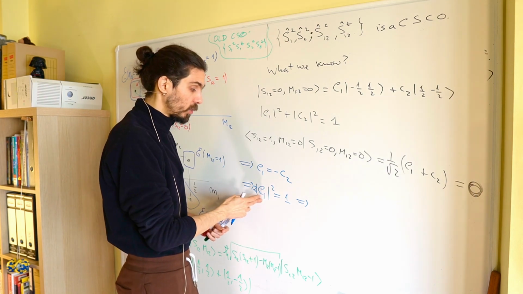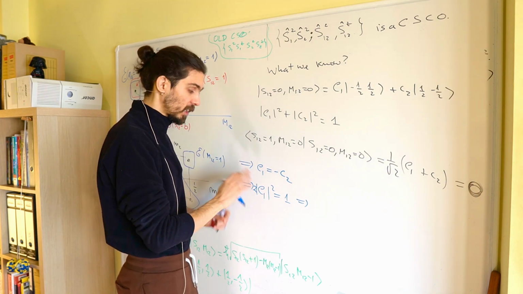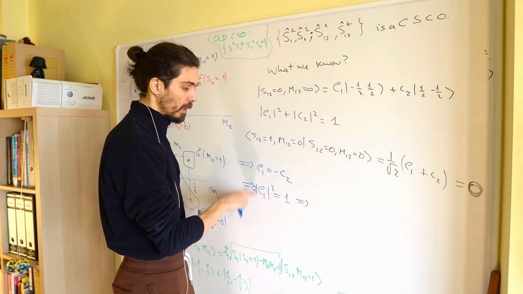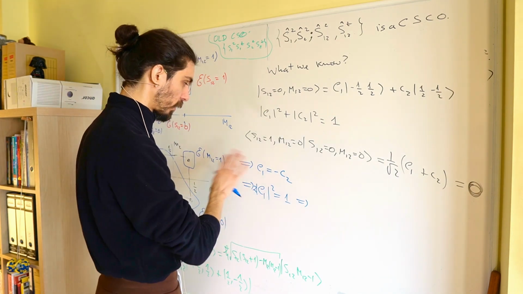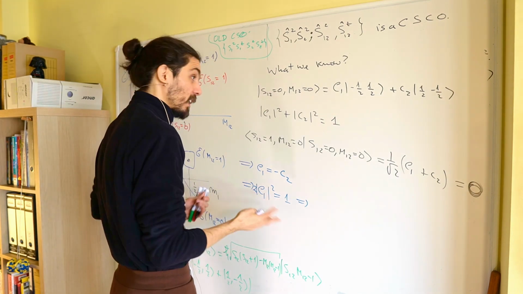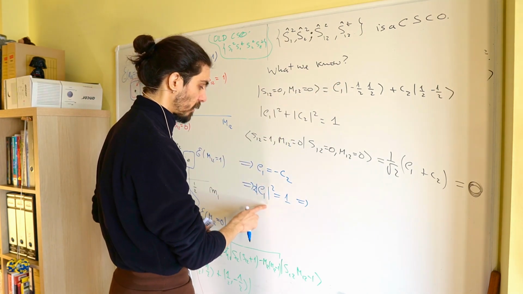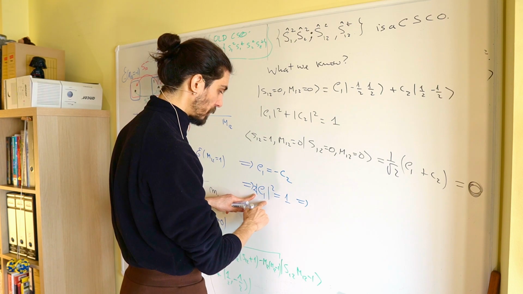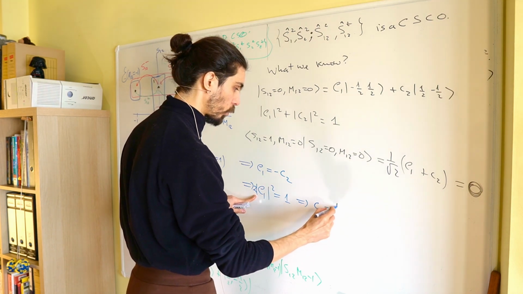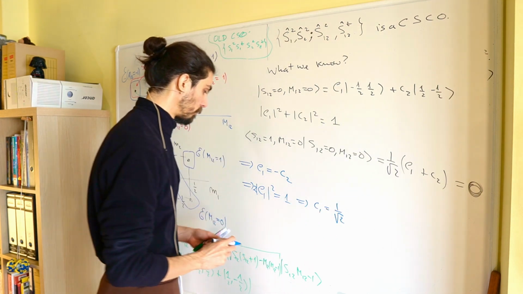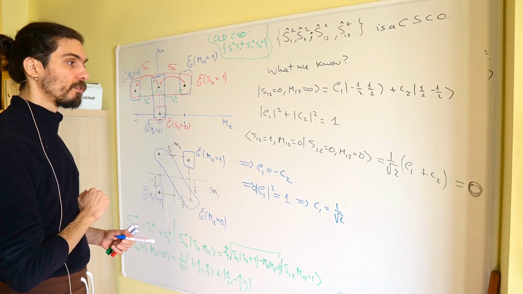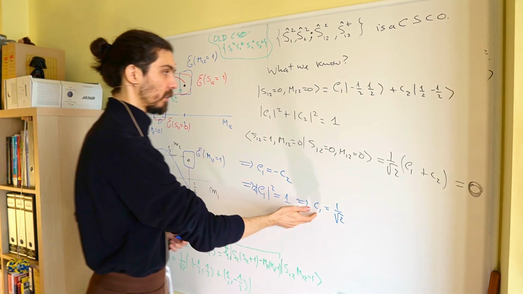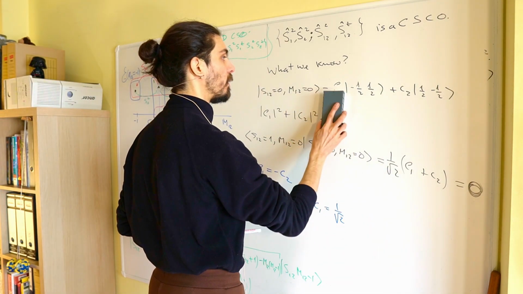So I'm going to choose this as being just a real number. Okay? I'm not going to include the imaginary part, because I just want a solution for it. That's it. Well, let me write it. So you get C1 is equal to 1 over square root of 2. With all this information now, I can just substitute here.